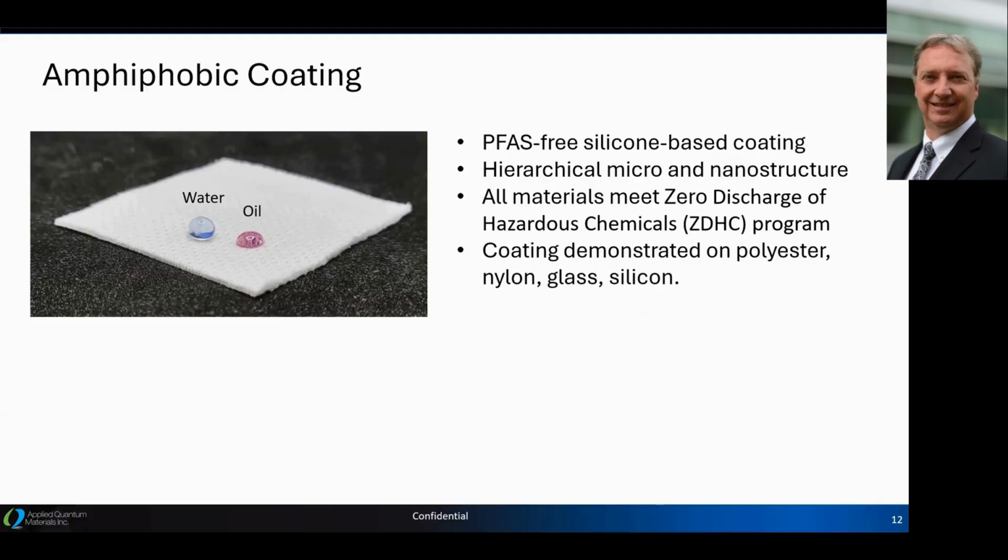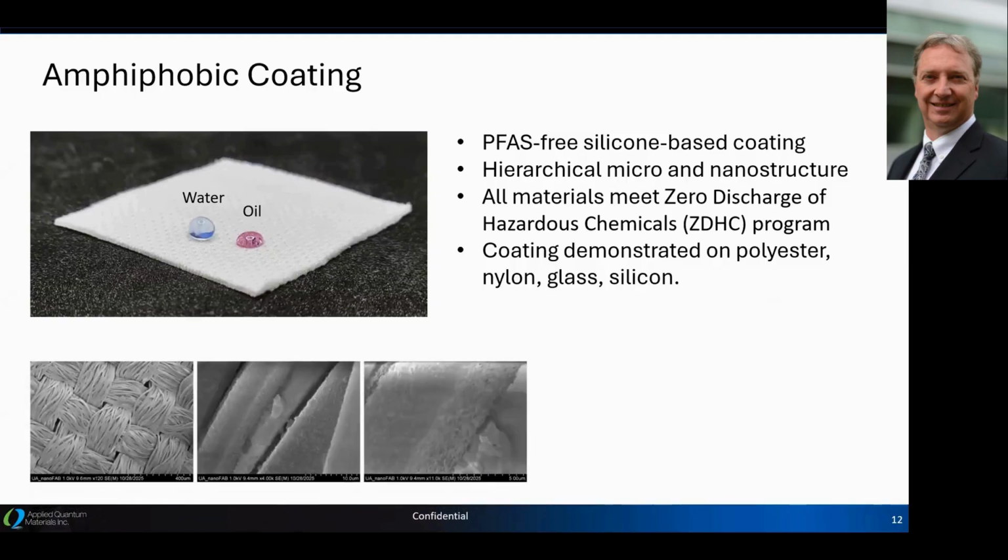And the coating's been applied so far to polyester, nylon, silicon, glass materials. So it is completely repellent to these various different surfaces. Although ketchup and mayonnaise are a little bit of a problem because they're thick, but we're still working on that one. So you can see what happens with an SEM.